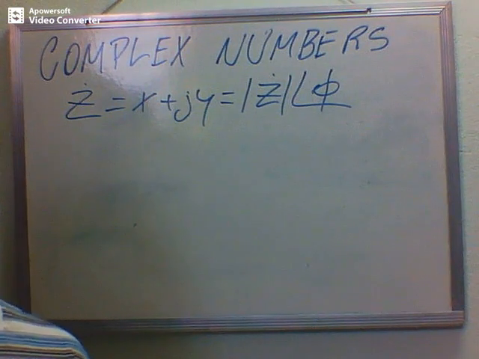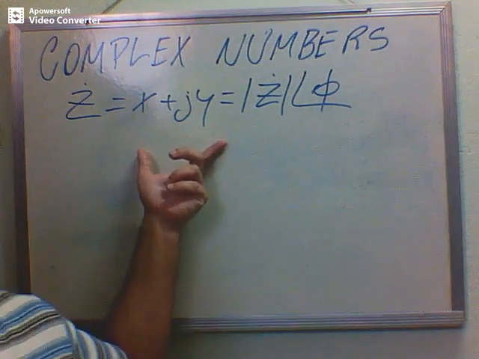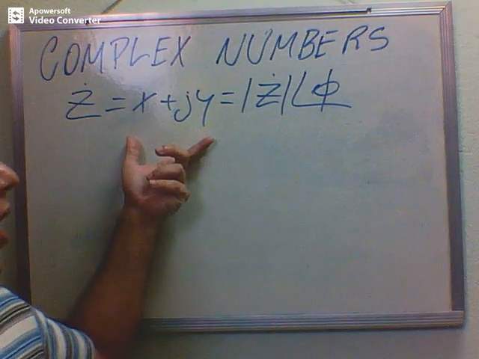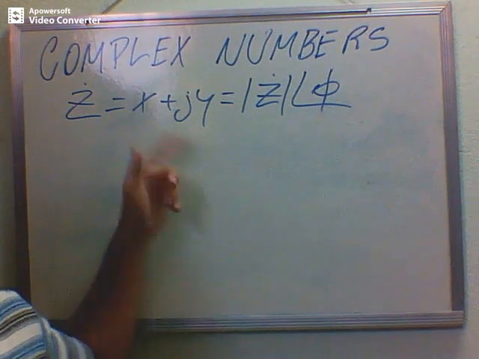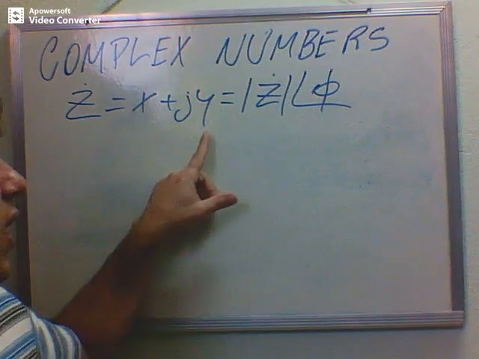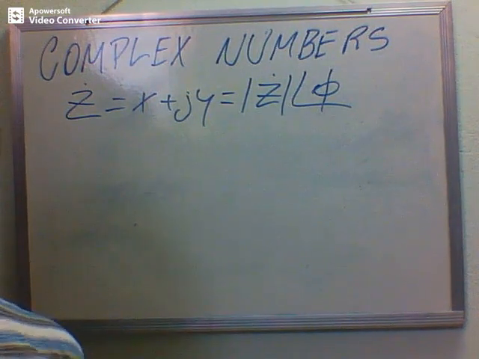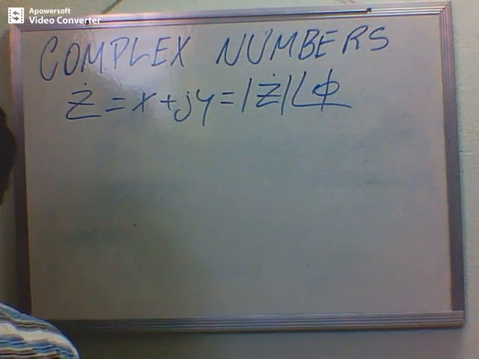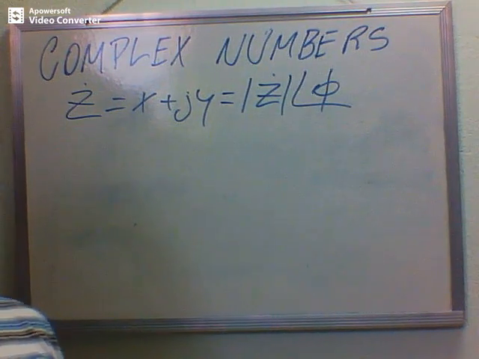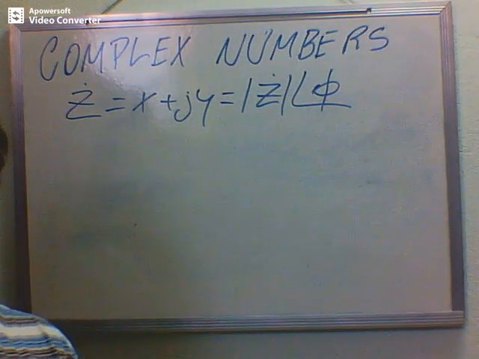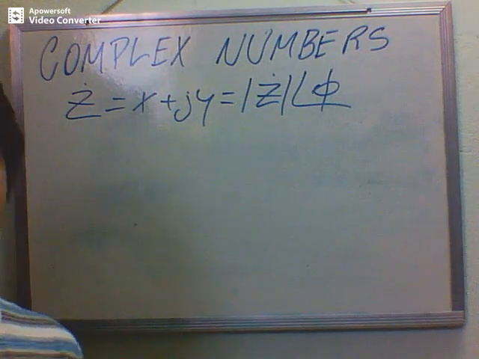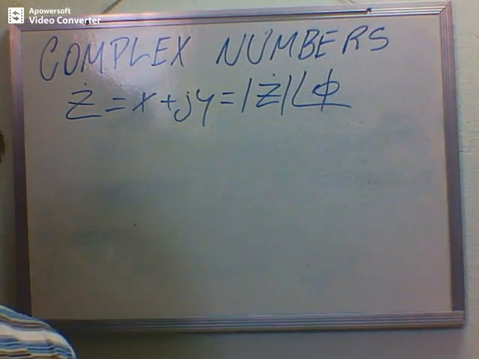In electrical engineering, a motor can be represented by an impedance like this. There is a real part and an imaginary part. For example, machines need magnetization to operate. Without magnetization, without magnetic fields, electromechanical machines are not going to operate.